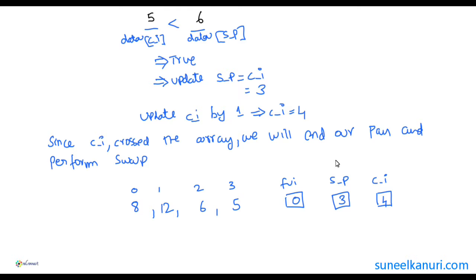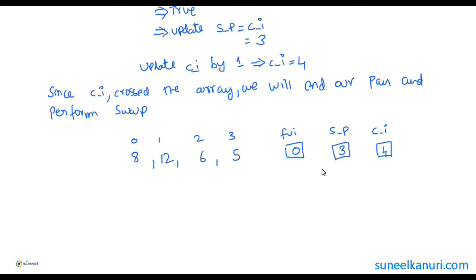At this point, what are we going to do? We would be swapping. Let me use a red color to indicate. We'll be swapping the value at position 3 with the value at position 0. So we'll be putting the value at position 3 to position 0 and position 0 to position 3.